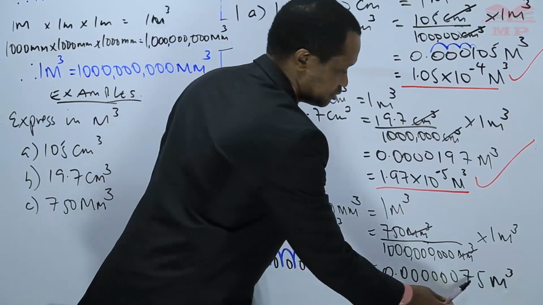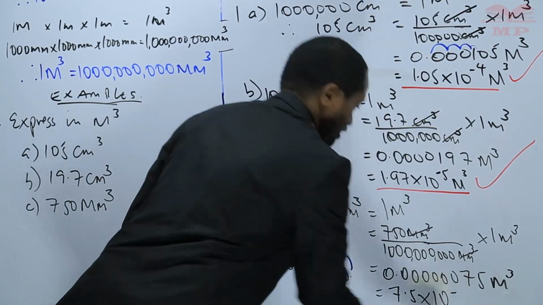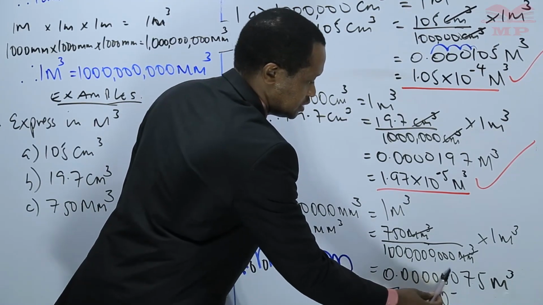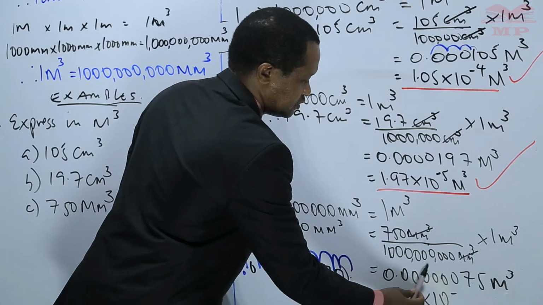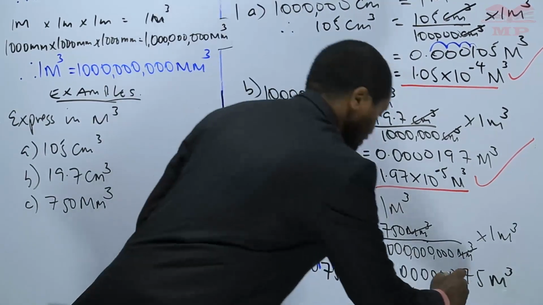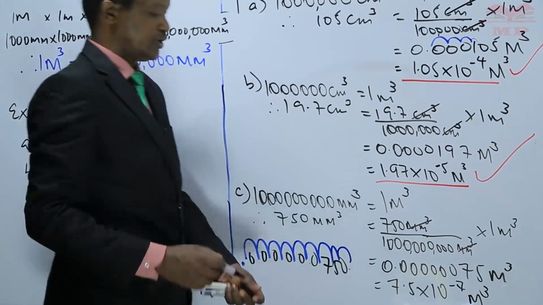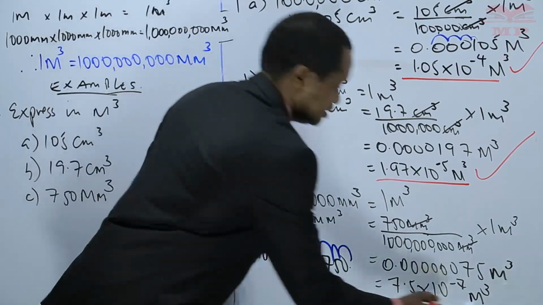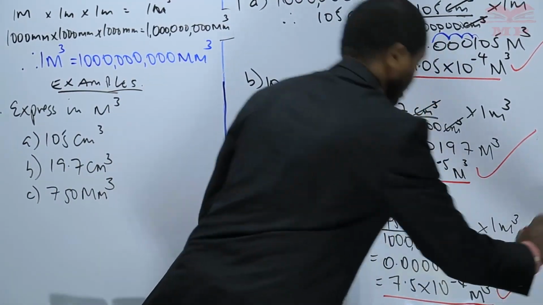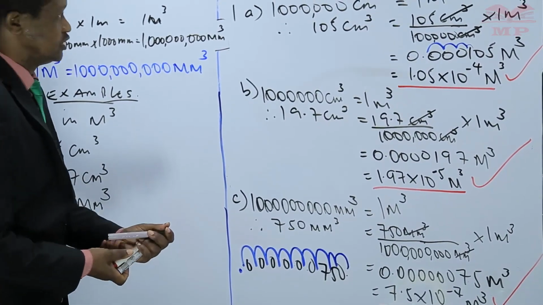We put the decimal point after 7, then we multiply by 10 to the power of negative 1, 2, 3, 4, 5, 6, 7, so 10 to the power of -7 cubic meters. This one here is the answer. Correct. All right, so we have done 3 questions.